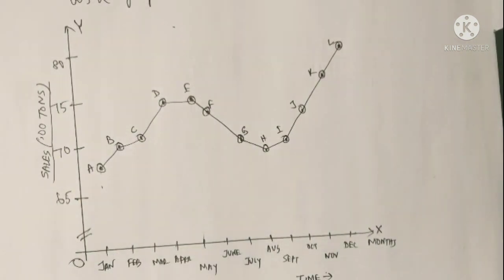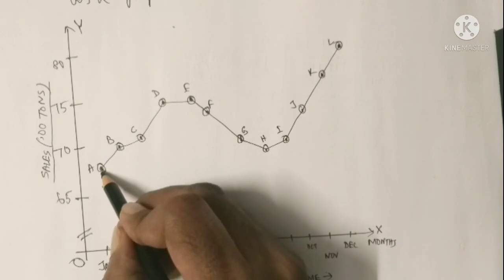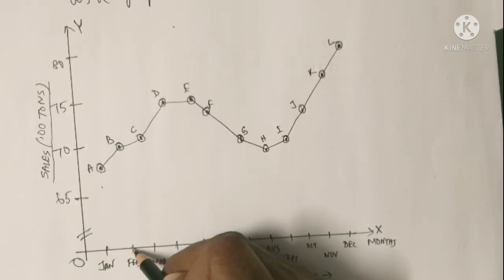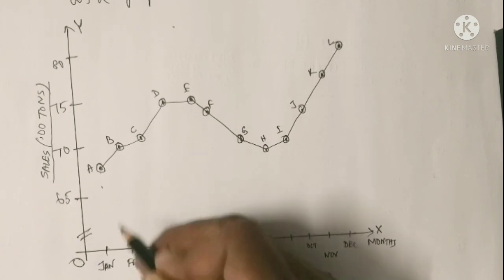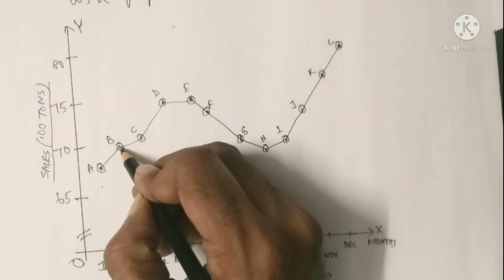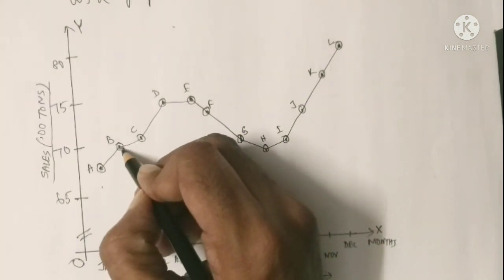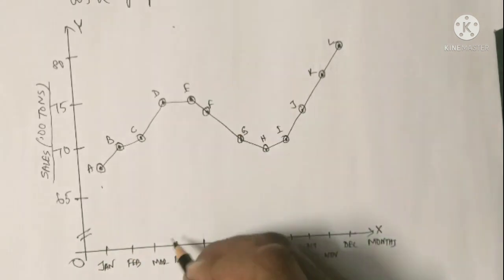For January, 6800 tons, we plot a point here. With respect to February, we get 7000 tons, we get a plot here.